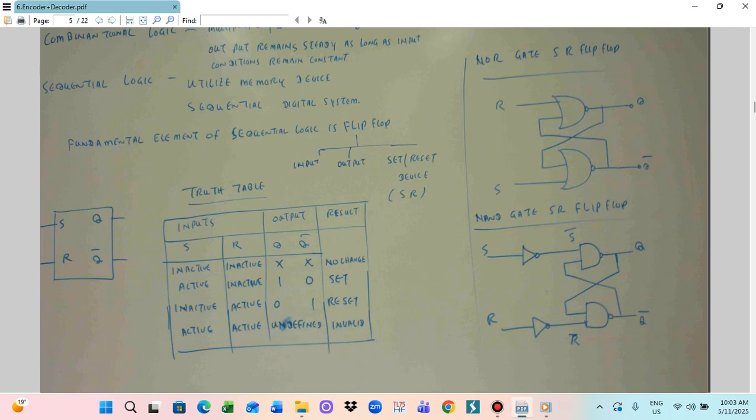So the NAND gate SR flip-flop also utilizes a debounce switch. For the NAND SR flip-flop with the debounce switch, we use a single pole double throw type switch.